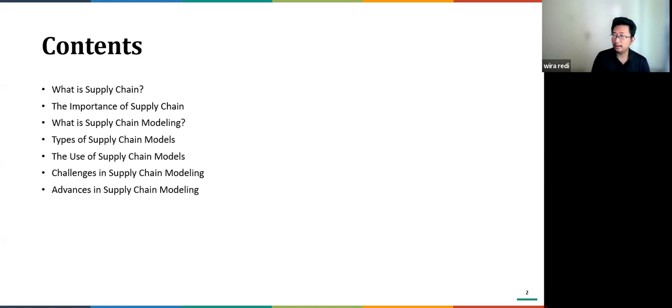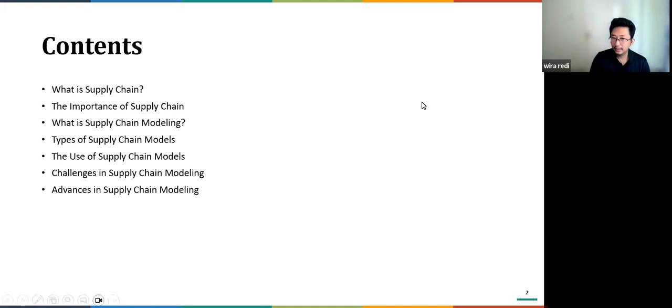And then how to use them, what types of supply chain models are available, where we can use them, including the challenges of using these supply chain models, and several advanced topics that we may not cover here, but you might find are getting more and more common in discussions about supply chains in practice or in the industry.